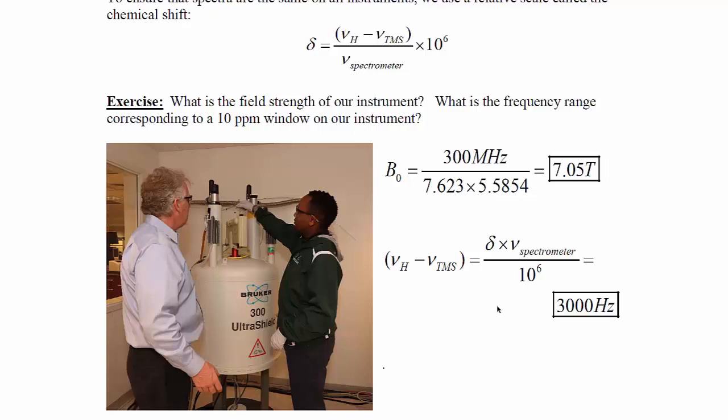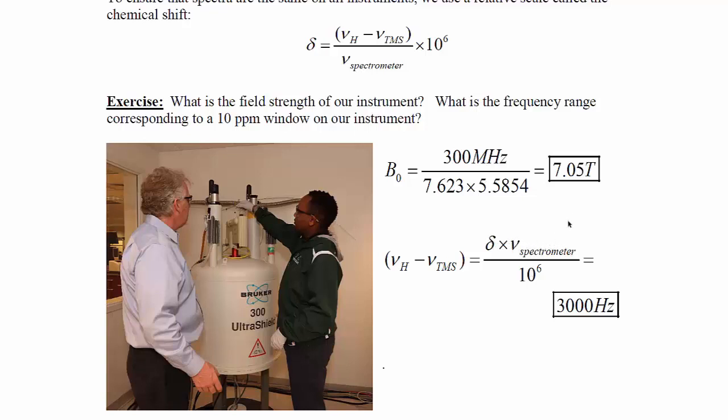Second question. Think now about a normal proton spectrum, right? It's a 10 parts per million window. Usually somewhere between 0 and 10 you find the protons on our instrument, or any instrument actually, because it's scaled, right? So what would that mean in terms of frequency range? If you fill in the numbers there, delta is 10, 300 times 10 to the 6 is the spectrometer frequency.